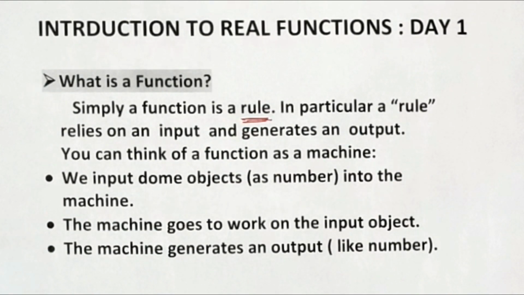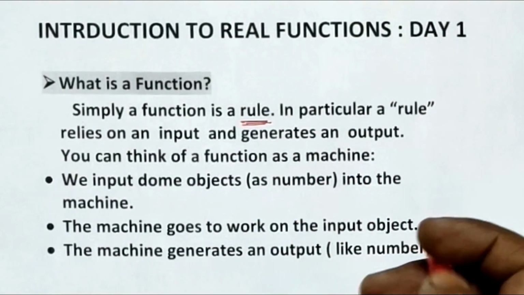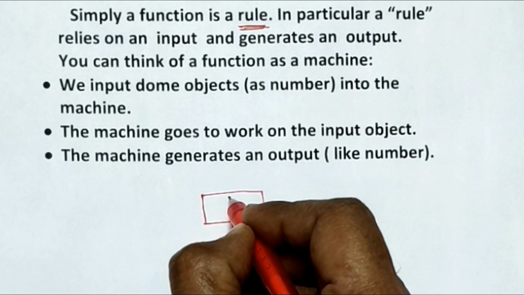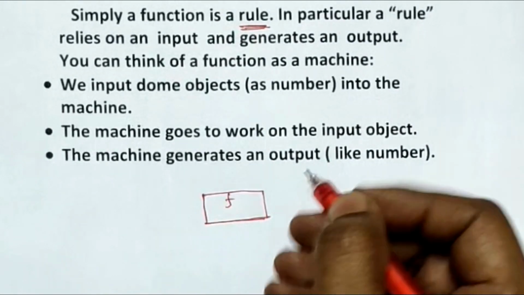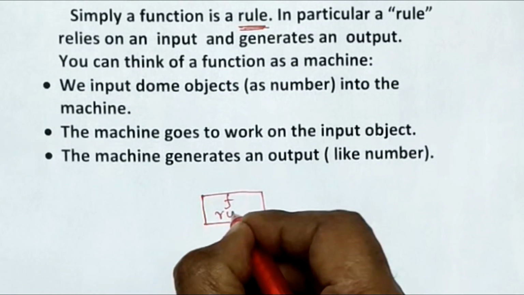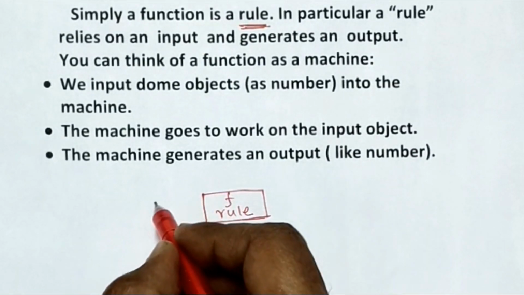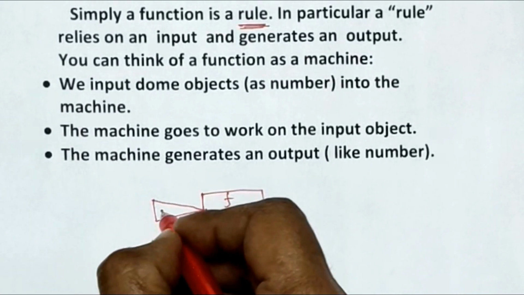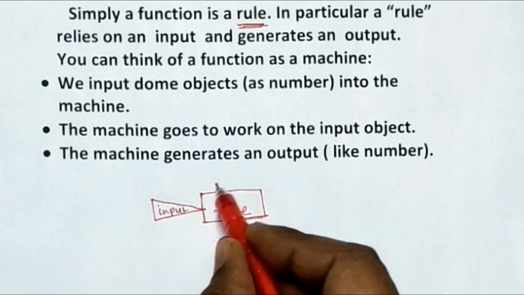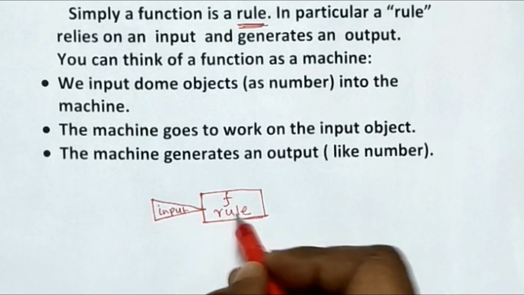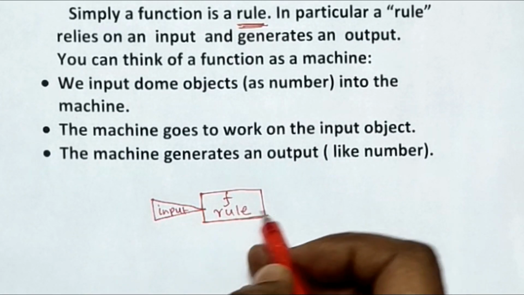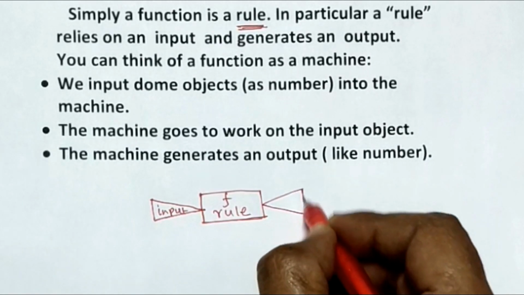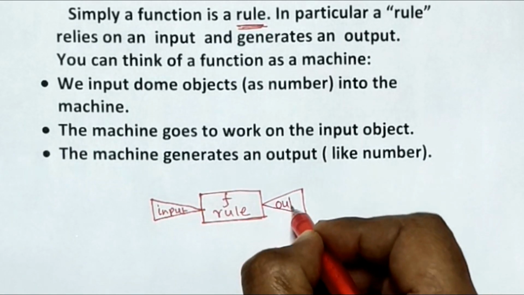Very simple examples. If we choose a machine, say this is a machine. Suppose that machine is named F, and I say that this is a rule also. By this rule, if we put some inputs here, after taking the inputs, this machine goes on to work and produces some outputs or results.